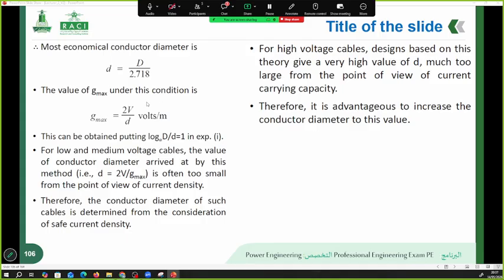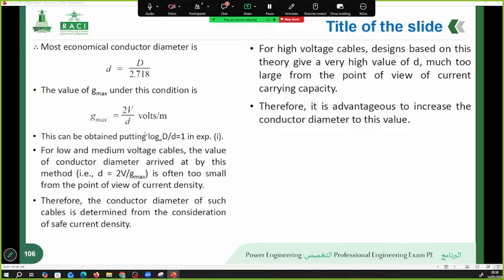This value of d minimizes the maximum electrostatic stress G max for fixed values of working voltage V and internal sheath diameter D. Under this condition, the minimum value of G max is given by G max equals 2V divided by D. This slide then addresses the practical limitation of applying this theoretical formula to different types of cables.